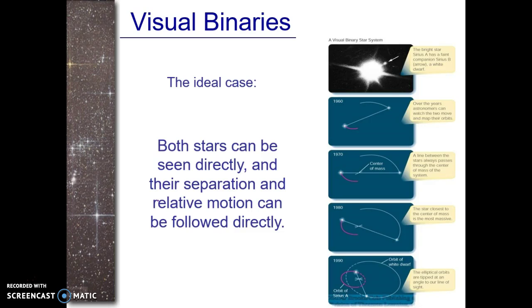Sirius is actually a 2-star system: you have Sirius A, which is a bright star, and Sirius B, which is a white dwarf. Polaris is actually a 4-star system, which means there are 2 sets of binaries so close to each other that it's a 4-star. And Alpha Centauri, which is the brightest one in the sky, is a 3-star system. So this is when both of the stars can be seen directly, and you can actually see that they're separated.